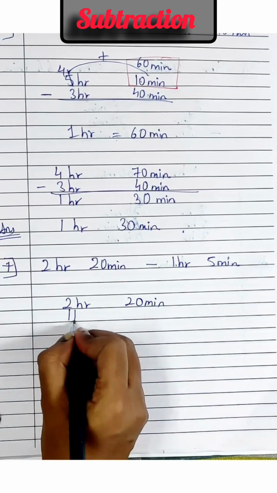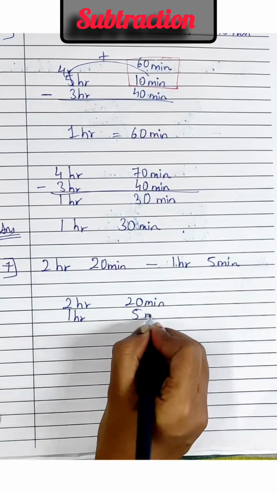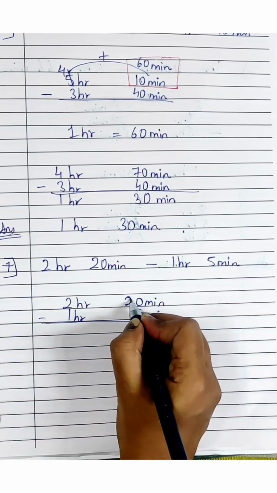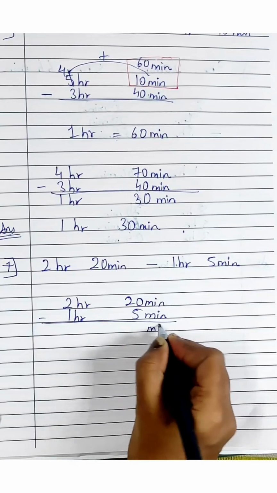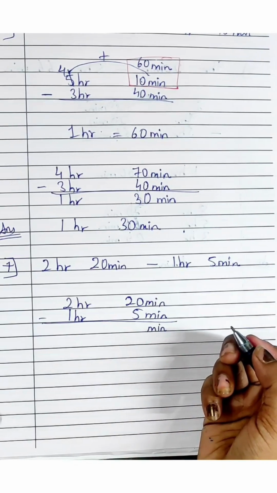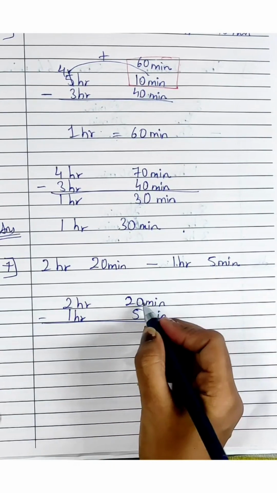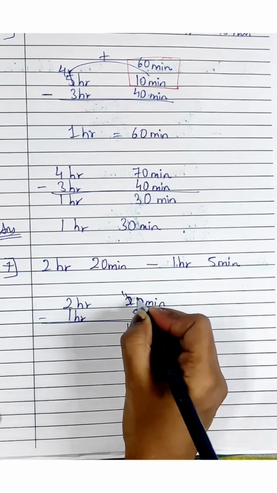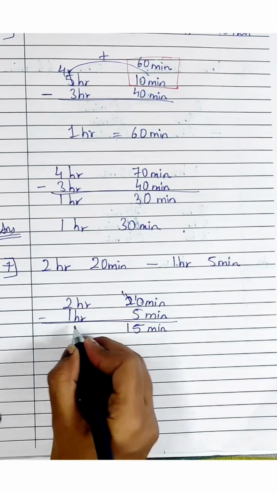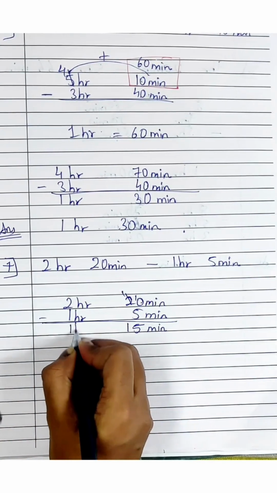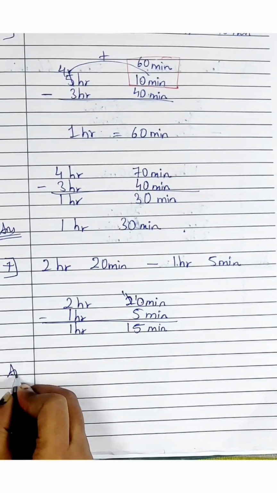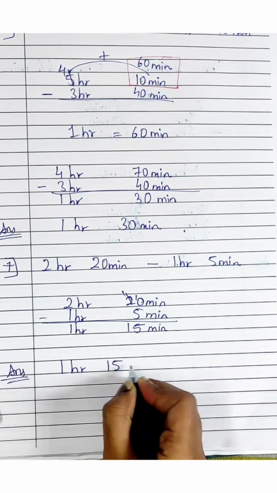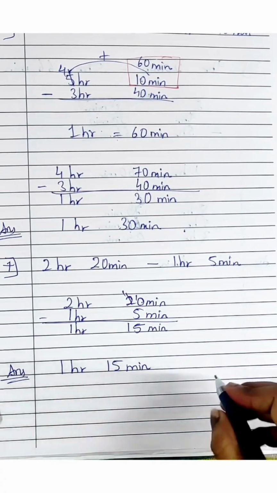So hours के नीचे hours लिखेंगे, मिनट्स के नीचे मिनट्स. तो यहाँ पे हम इजीली सब्ट्रैक्ट कर सकते हैं, तो हमें यहाँ पे कैरी फॉरवर्ड करने की कोई ज़रूरत नहीं है. सो 20 में से 5 गया तो क्या बचेगा? 15. यस. एंड 2 में से 1 गए तो 1. सो आंसर विल बी इज 1 hour 15 minutes.